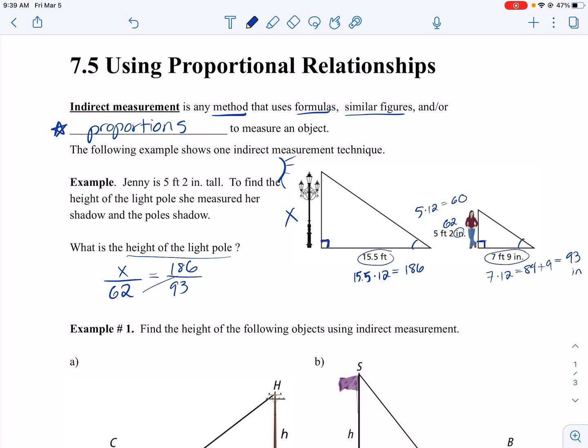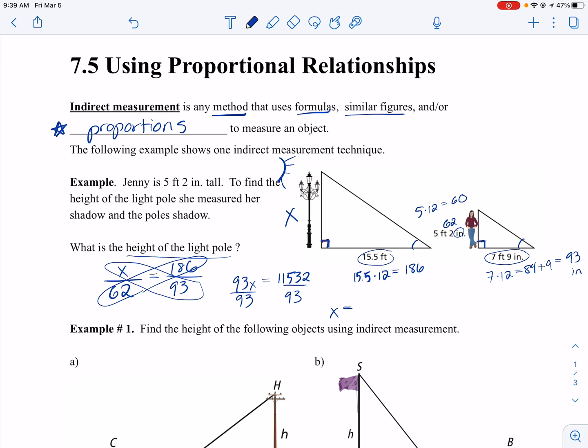And then we're just going to cross multiply like we have been with proportions this whole unit. We get 93x equals 11,532. Divide this over. Maybe we'll get lucky and it goes in evenly.